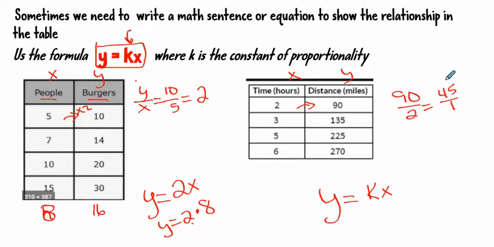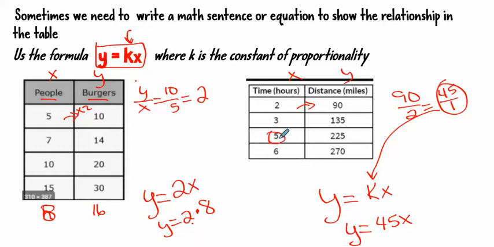So I'm going to take my constant of proportionality and switch it for that letter k. So my new equation would be y equals 45 times x. So no matter what number I put over here, if I use this formula, I should be able to figure out my y value. So let's just try one of these.